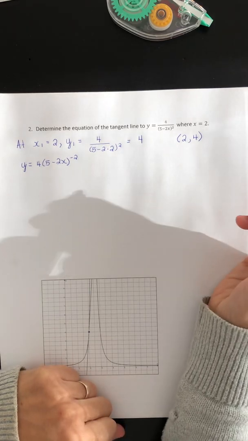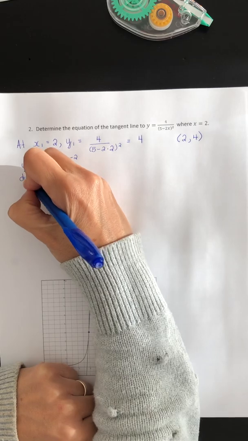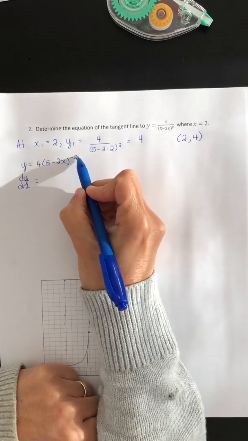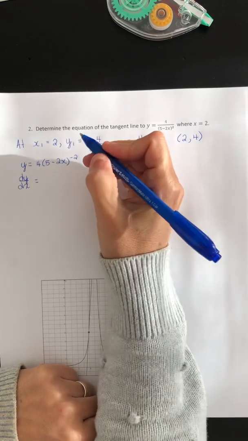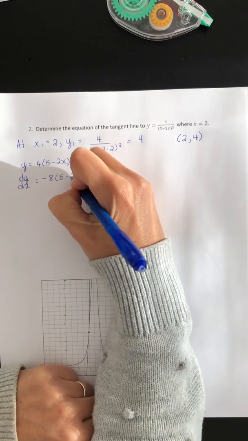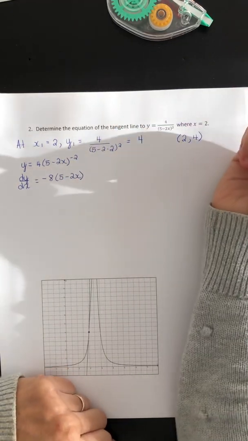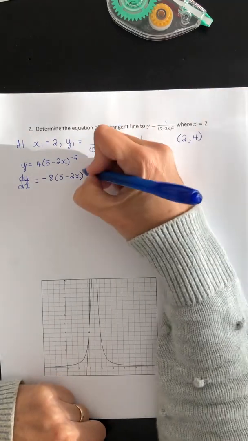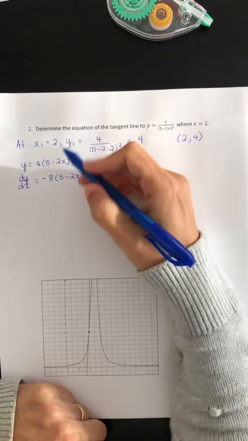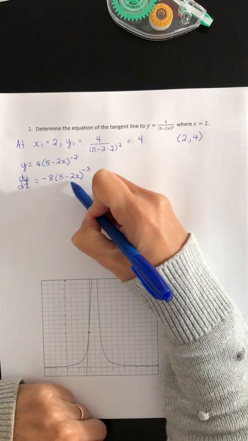And now we find y prime or dy by dx by using our chain rule. So the negative 2 comes forward and multiplies by 4 to give us negative 8. We subtract 1 from the given exponent. So if it was negative 2, it's now negative 3. And we multiply by the derivative of the inside of the bracket here.